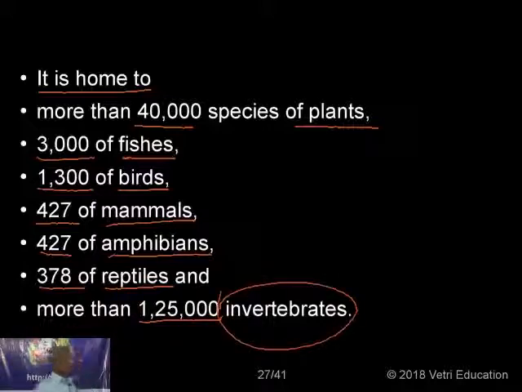See the richness of biodiversity in the Amazon forest, which is one of the tropical forests.